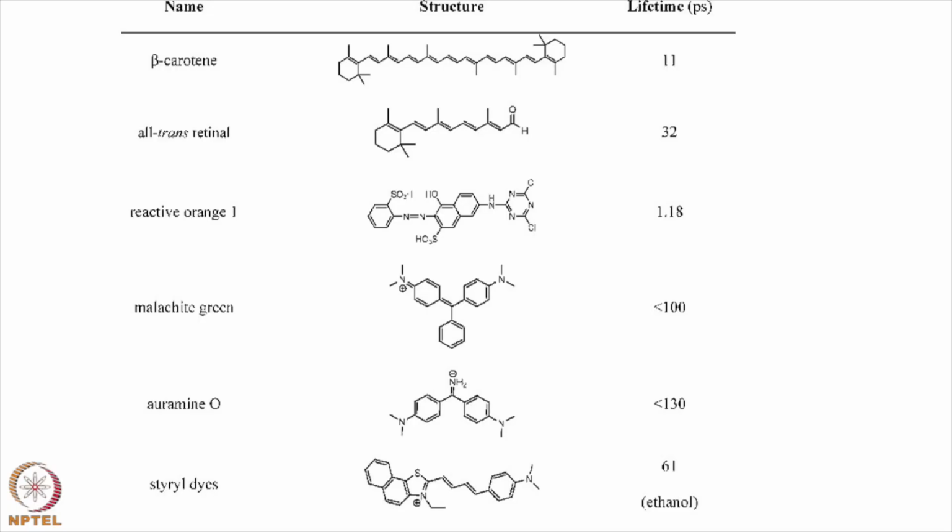Different fluorophores have different lifetimes, like retinol, reactive orange, malachite green, auramine, all of these. The lifetime is in picoseconds, right: 11, 32, 1.18, less than 100, less than 130 and 61. These are the lifetimes of different fluorophores.